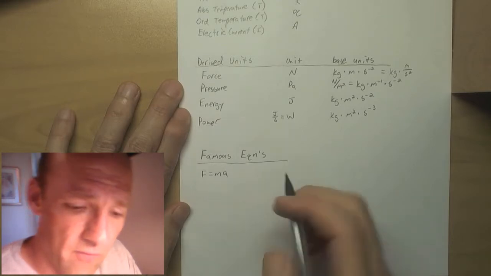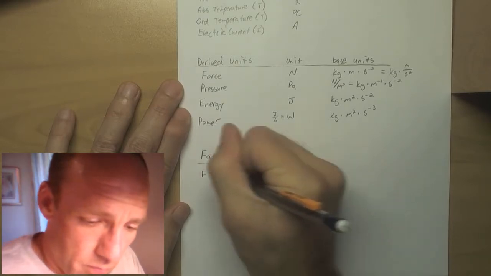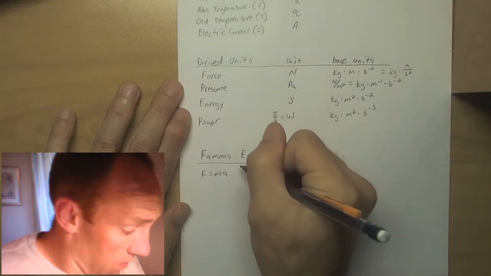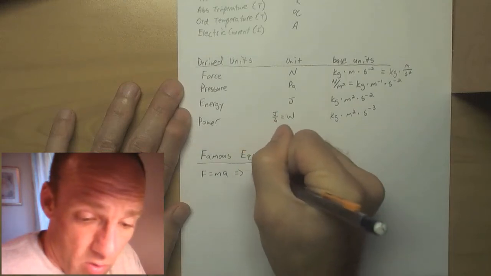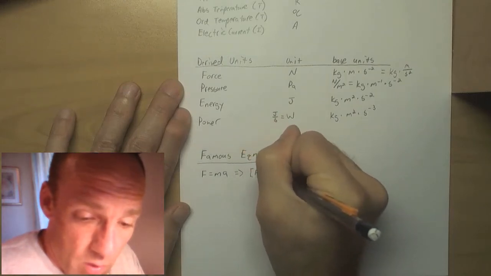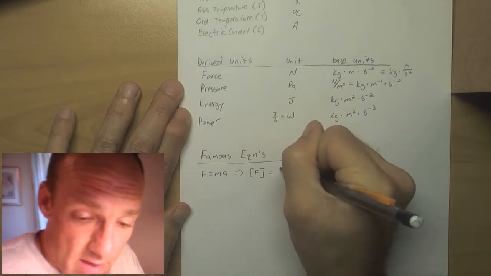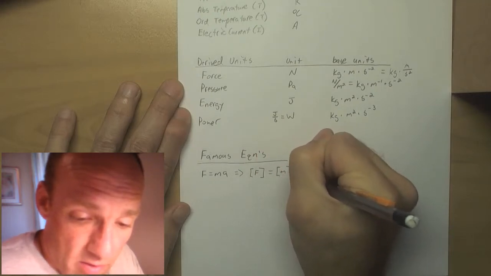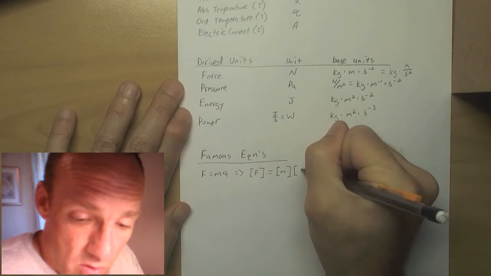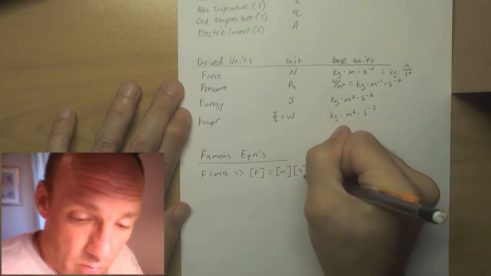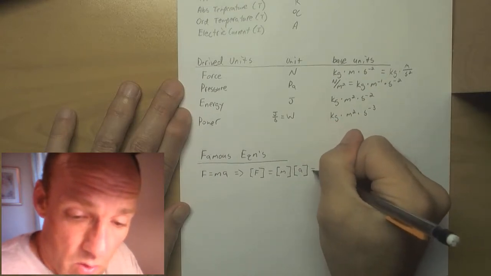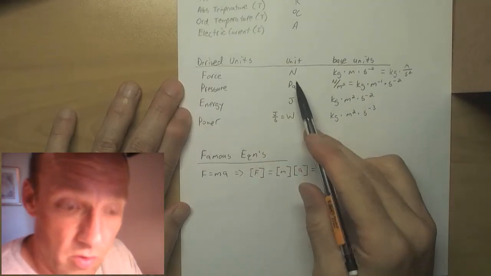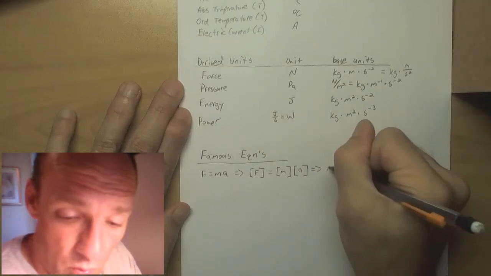So I have units of force. Another way of writing that is, units of force would be written with these square brackets, has got to be equal to units of mass times units of acceleration. Okay, so units of force, we've given the label N for Newton.